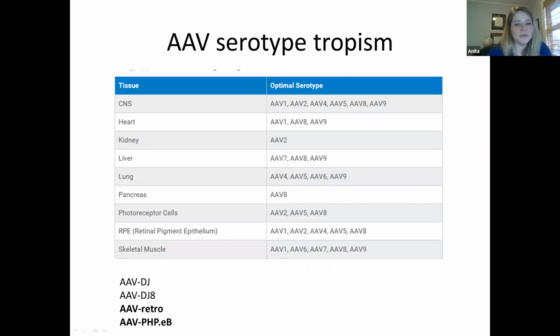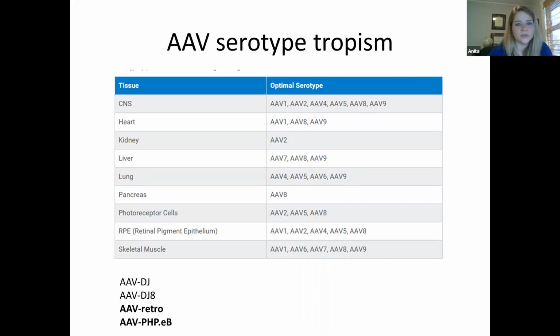So this might be more getting at what Noelle was asking about, which is the serotype tropism. I think I might have a separate slide on this, but more or less when we talk about serotypes, we're talking about the capsid proteins, not the genome backbone.